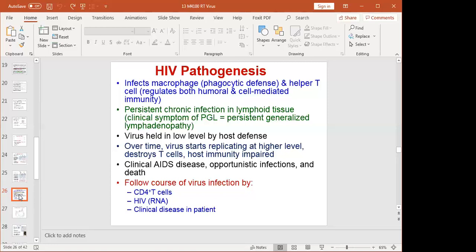So an infection that doesn't go away and lasts for long periods of time, and it's in the lymphoid tissues of the host. At this stage, we see clinical symptoms of PGL, or persistent generalized lymphadenopathy. Lymphadenopathy is the swelling or enlargement of the lymph nodes.